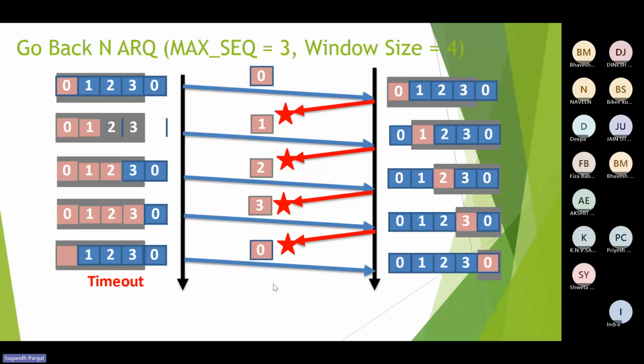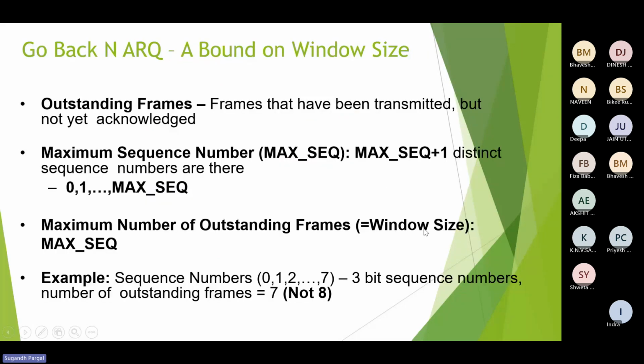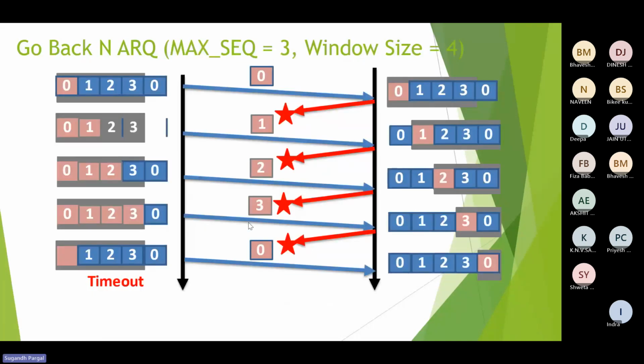Here, if we choose the window size, the maximum sequence number is 3. It is 2-bit, so from 0 to 3. If we choose the window size as 4, then 0, 1, 2, 3 will be transmitted in a particular window. Then 0 will be sent, then 1, 2, and 3.